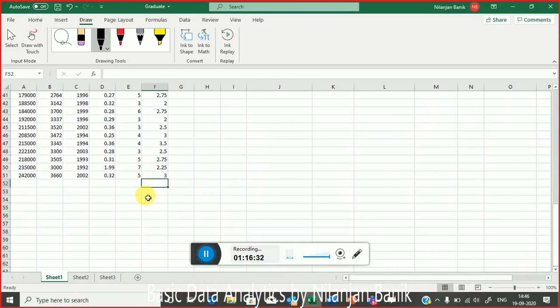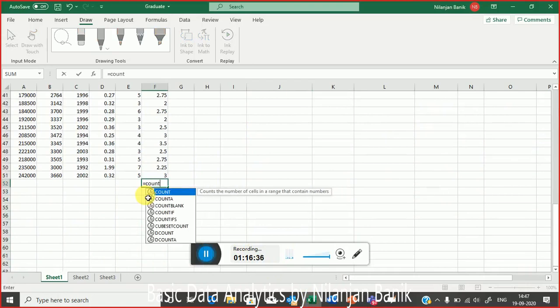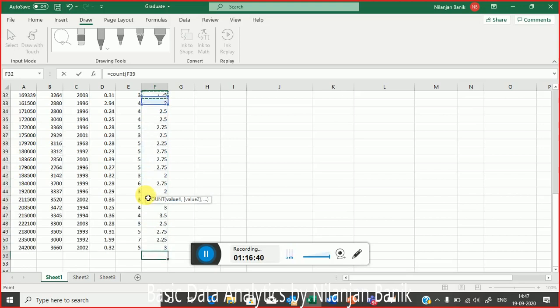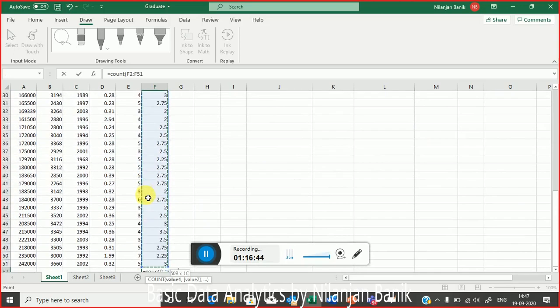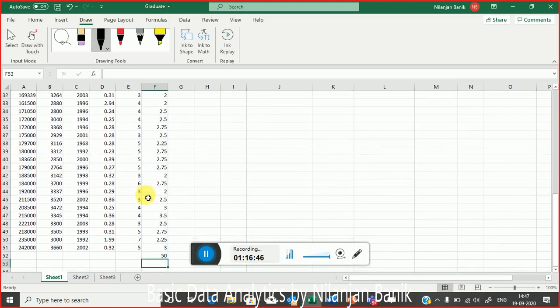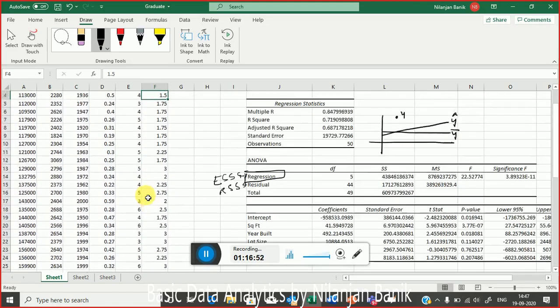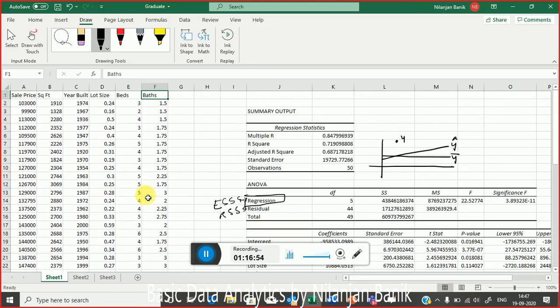So how many data points do I have? I have to give this command count. You will see that I have a total of 50 data points. Here you can see, 50 data points. So 50 minus 5 minus 1 is 44. That is what I am getting over here.